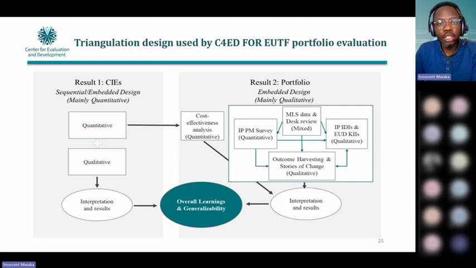The R2 also has different methods, some qualitative, some quantitative, which will also come down to different results. In the end, we'll compare these results and provide an overall report on the learnings and generalizability. So that is basically it about qualitative approaches and analysis, and I'm happy to hear your comments.